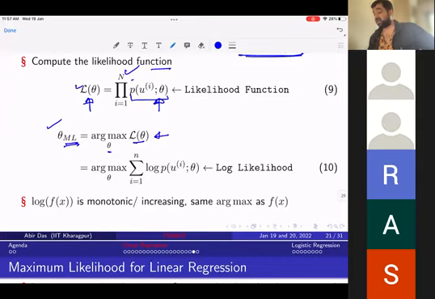And this is just again for mathematical convenience: log is a monotonically increasing function, so whichever theta maximizes L(theta), the same theta will maximize the log of this thing, right?